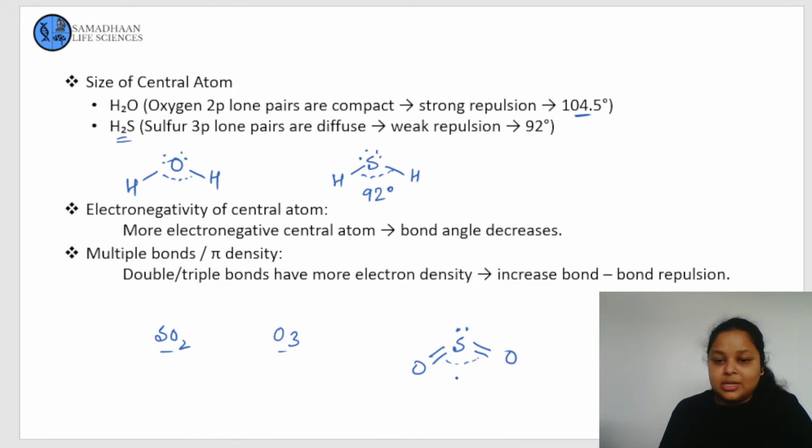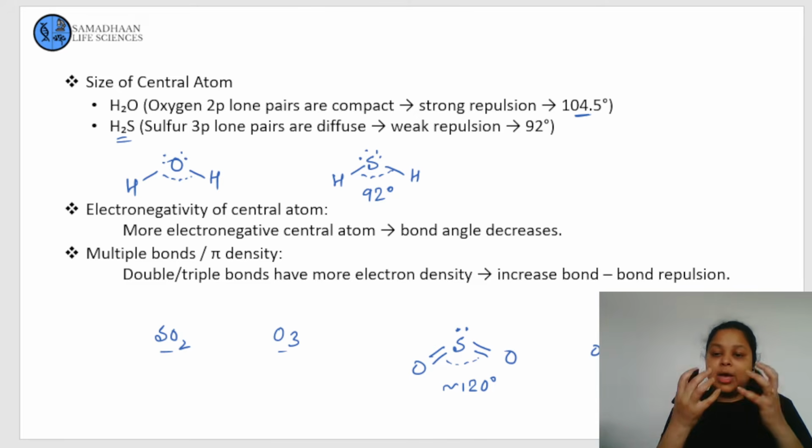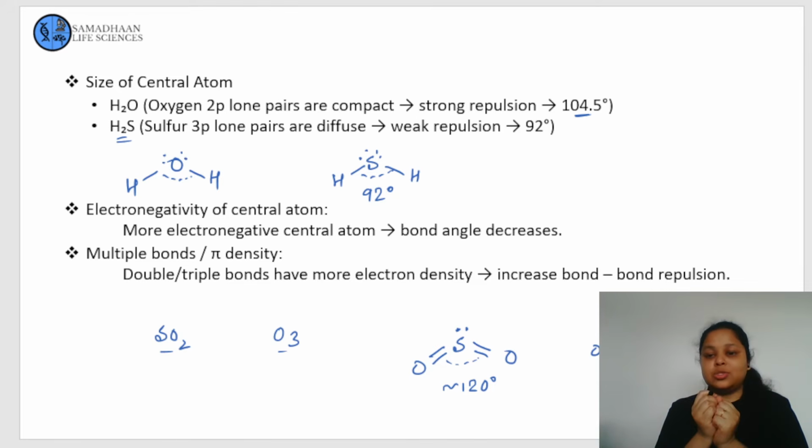So the bond angle is almost ideal, 120 degrees. But in O3, one of the bonds is only a pi bond, and the electronegativity of oxygen is also greater, so the lone pair is closer to the central oxygen, so that it also repels the bonds. So here the bond angle is lesser.